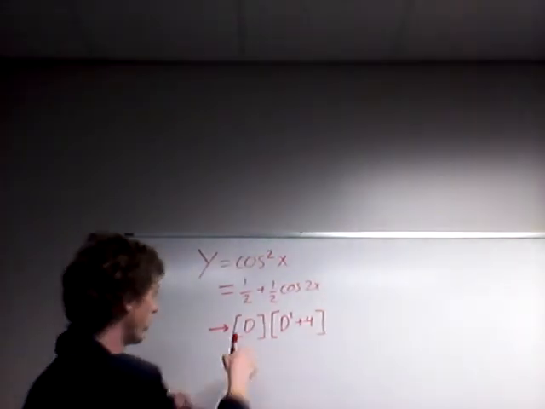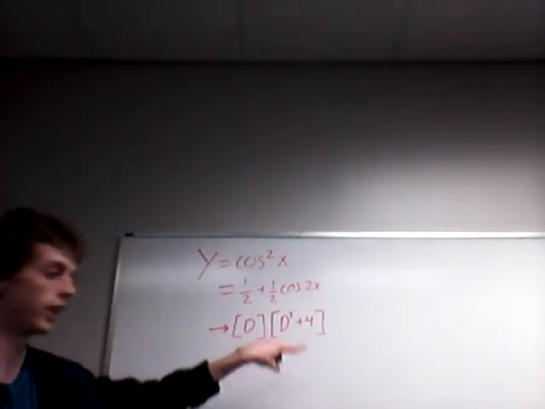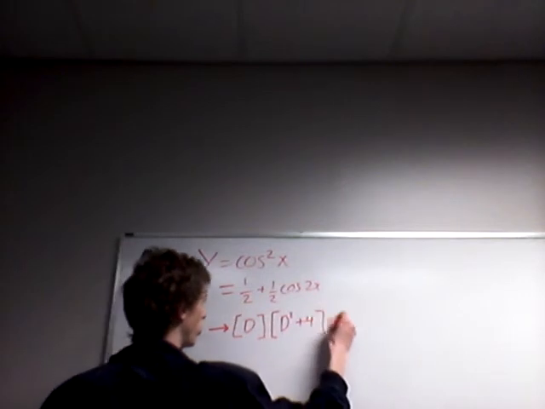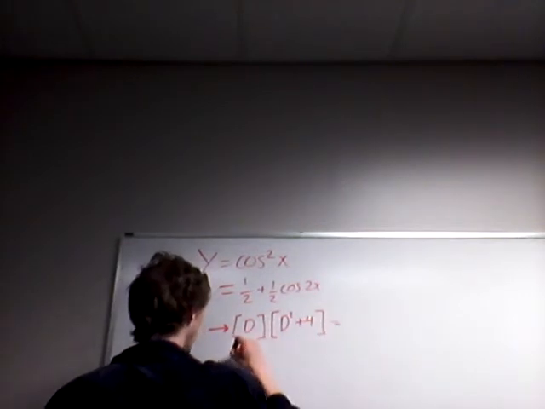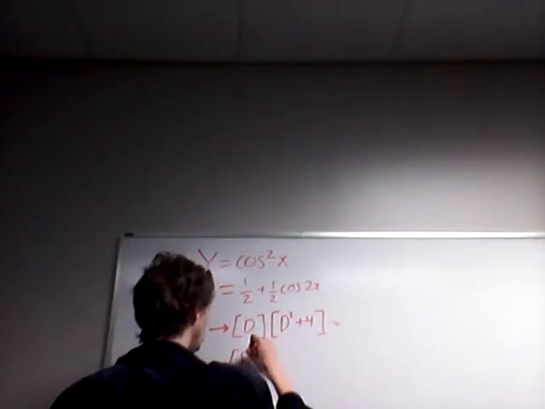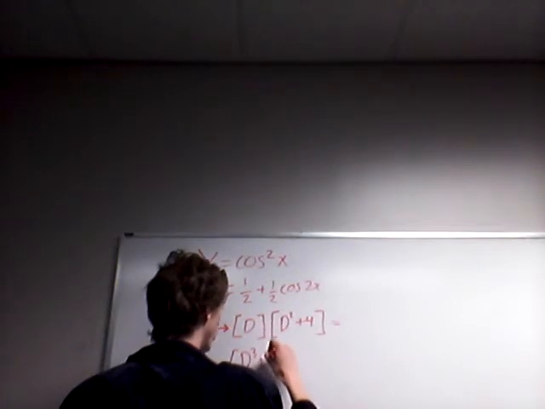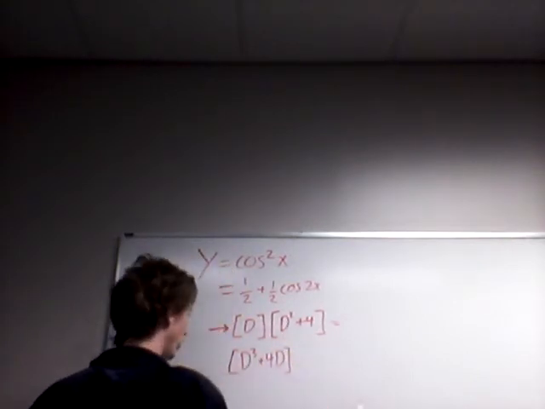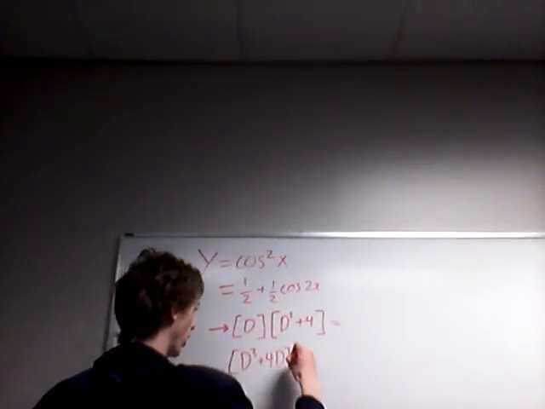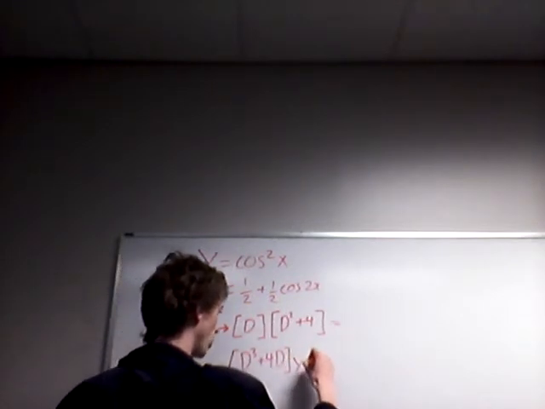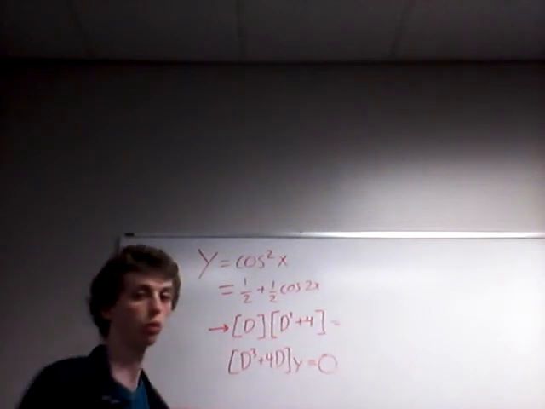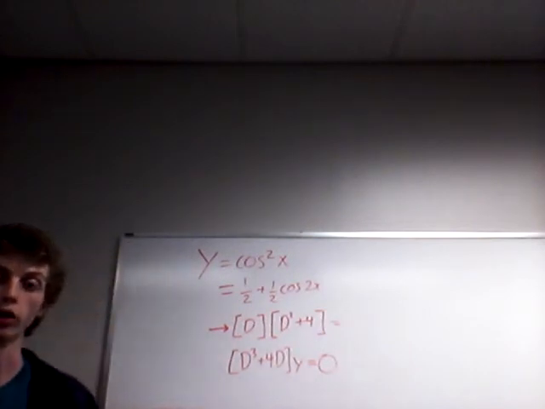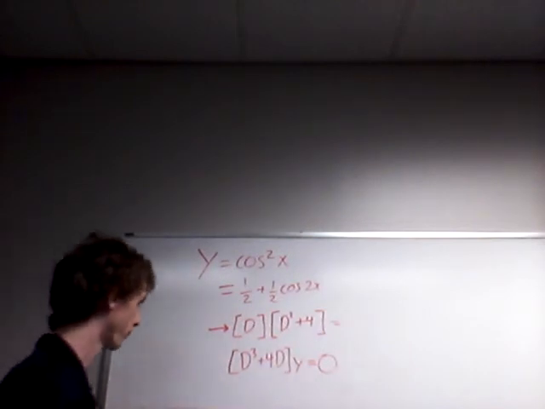And now I just have to distribute this D throughout. So this is going to be equal to D cubed plus 4D. And this is our annihilator of the function y, and that's equal to 0, since we're looking for a homogeneous differential equation.